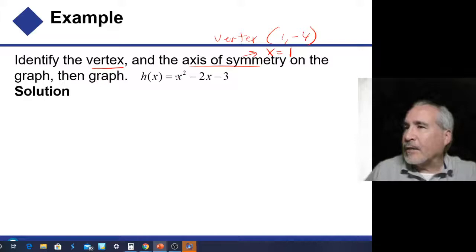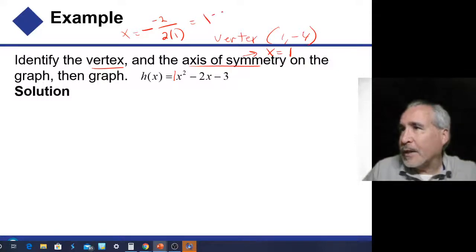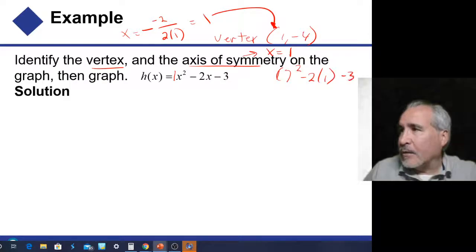Again, you could have done this. A is 1, so you would have got minus, so b is -2, a is 1, so you got a minus and a minus, that makes a plus. 2 divided by 2 is 1, x equals 1, there it is. And then you plug that in for x, so that's 1 squared minus 2 times 1 minus 3.